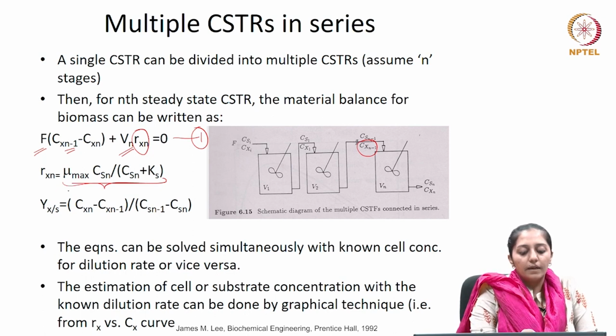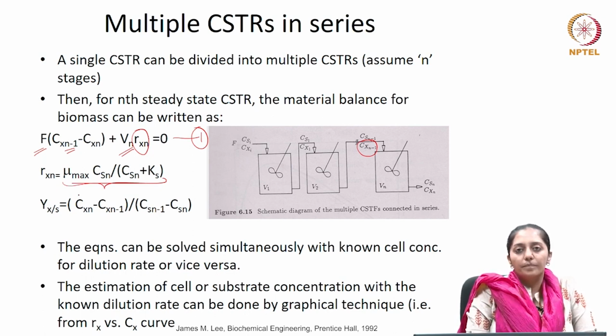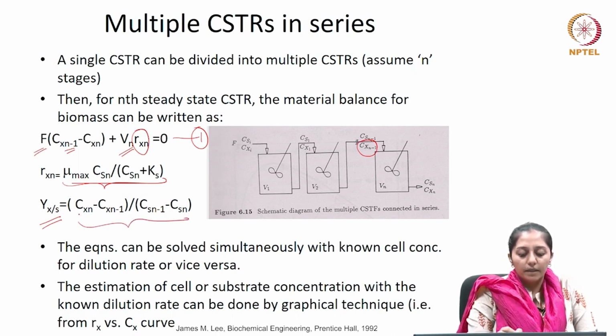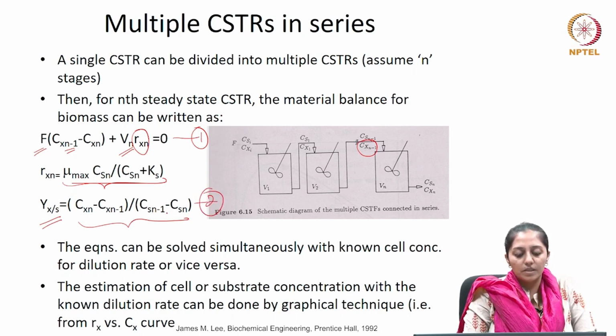So, now Rxn can be expanded in the form of Monod's model. Another relationship between the X and the S can be obtained using the yield coefficient. So, for the nth stage reactor, we can have two equations. One is the mass balance for the biomass across this reactor, and the second is in terms of the yield coefficient.